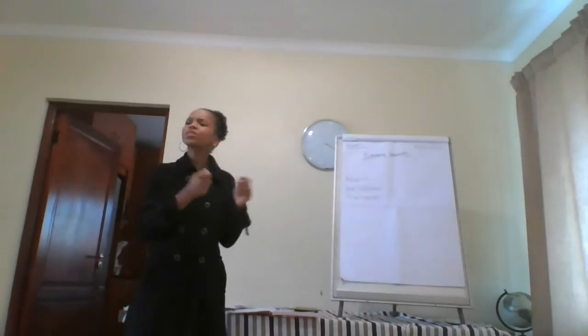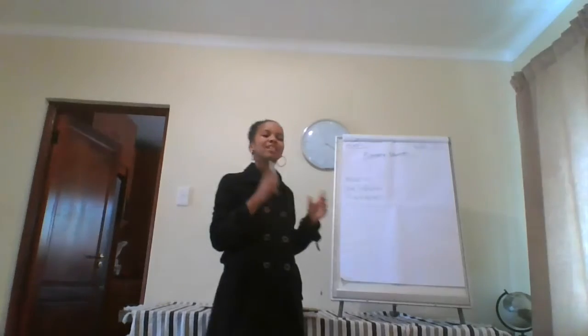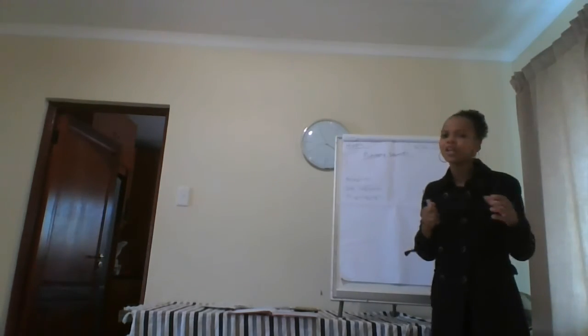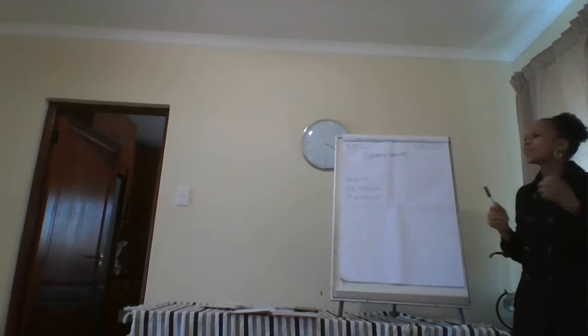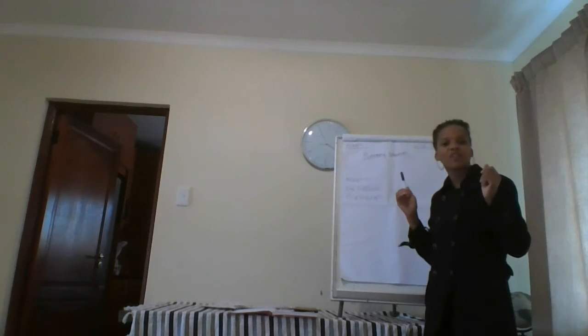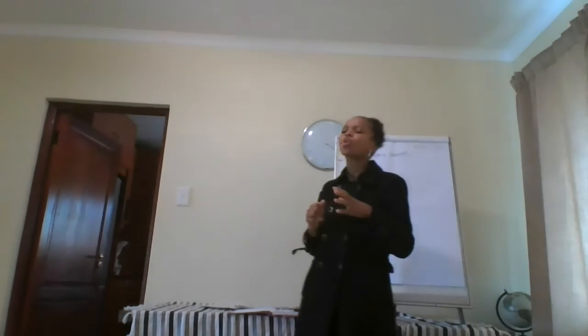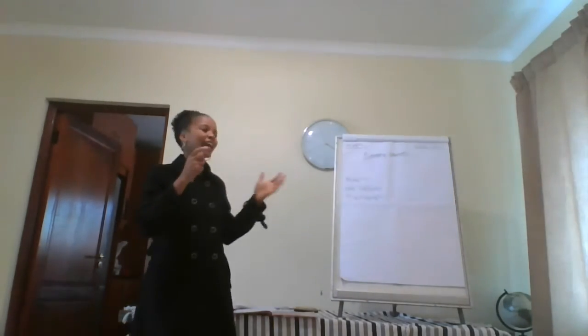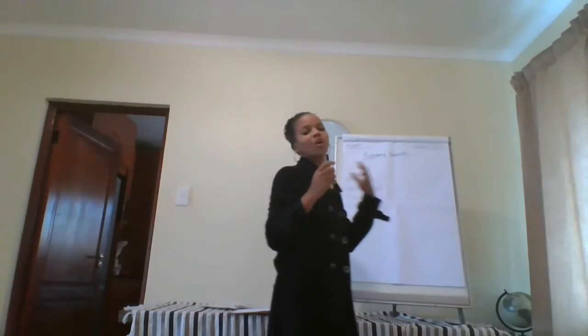For example, there's this song which says Leli Vengela Dlamini. That song talks about the origin of Emaswati or Eswatini. So if historians listen to these kinds of songs, they get information about the origin of Eswatini.